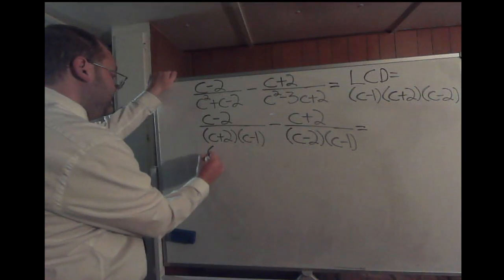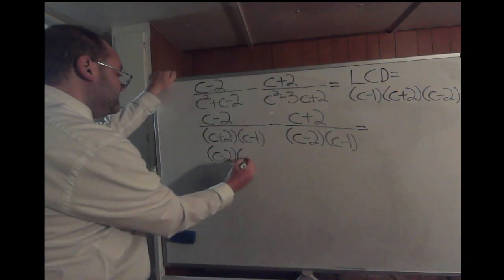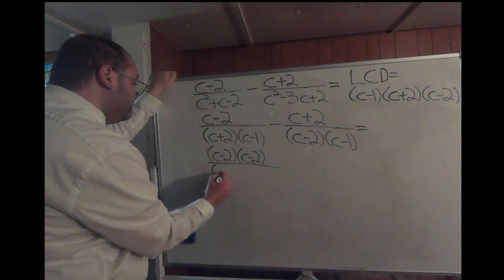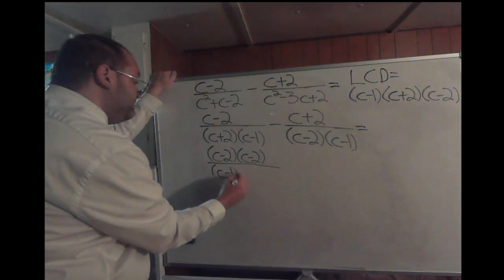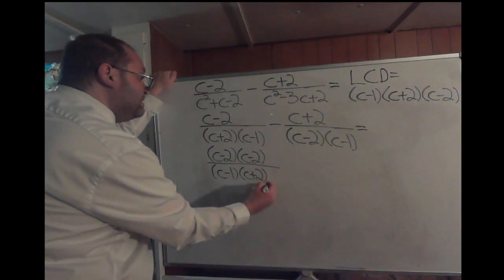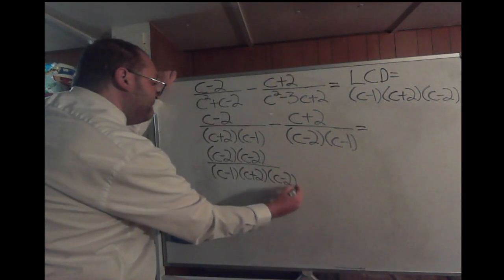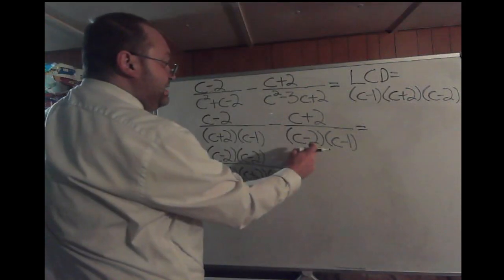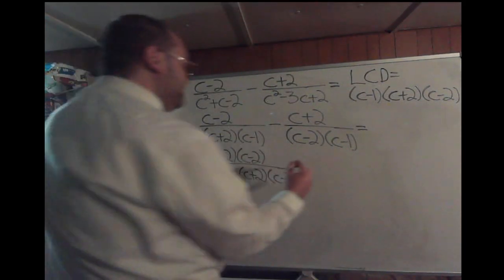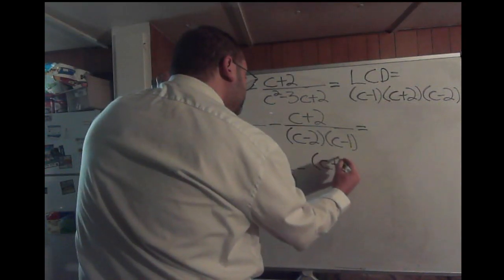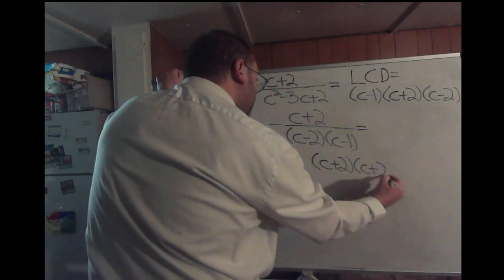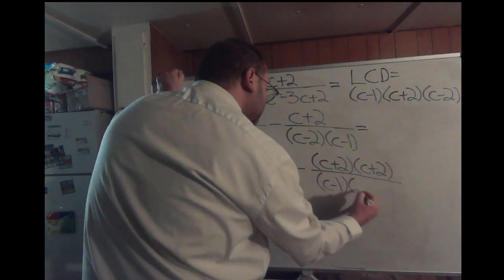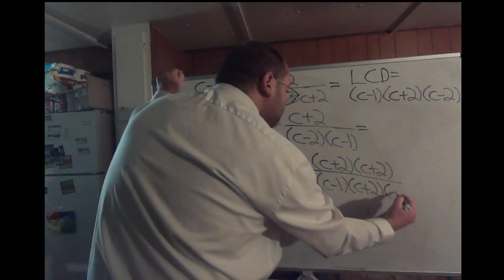So you're going to take your numerator of c minus 2, multiply that by c minus 2, and then you'll have your common denominator of c minus 1 times c plus 2 times c minus 2, minus, now you need to take your second denominator of c minus 2 and c minus 1, multiply that by c plus 2, so you'd have c plus 2 times c plus 2 all over the quantity of c minus 1 times c plus 2 times c minus 2.